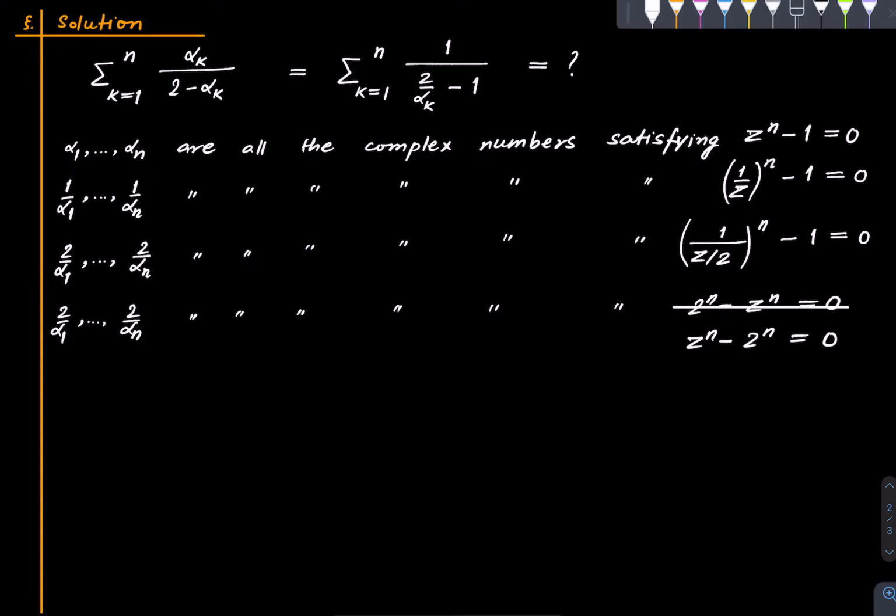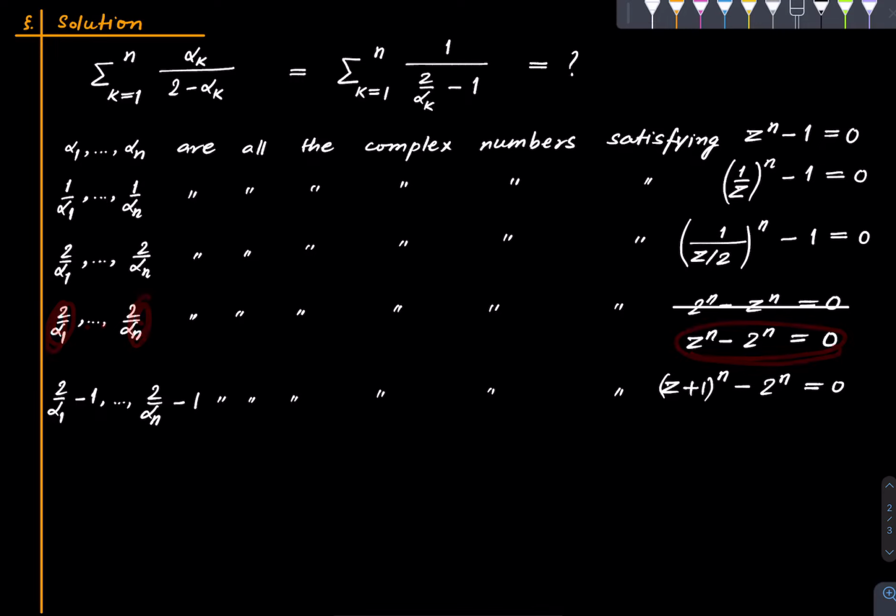All right, now we want to come to this. So therefore z − α₁ − 1, ..., z − αₙ − 1 are all the complex numbers satisfying, this time, which equation? We'll do a z + 1 here. Again, what is the reason? Let's call these γ₁, ..., γₙ. So γ₁ up to γₙ satisfy this equation.